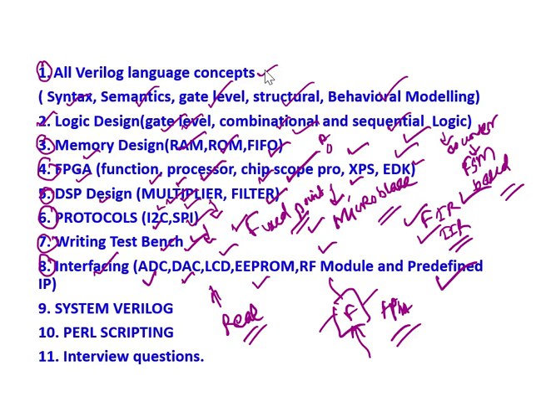If you are using Xilinx tools for writing code, then inside the Xilinx software there are predefined IPs. Those IPs you can use for your design to reduce your time. Normally we use predefined IP to reduce our design cycle time. So I will explain how to export and how to use those predefined IPs.